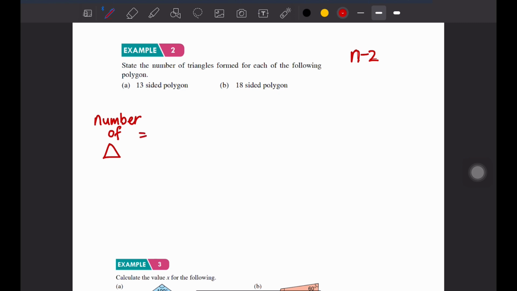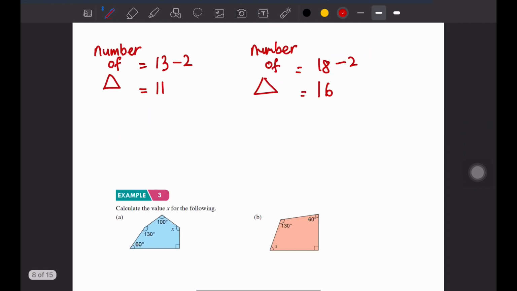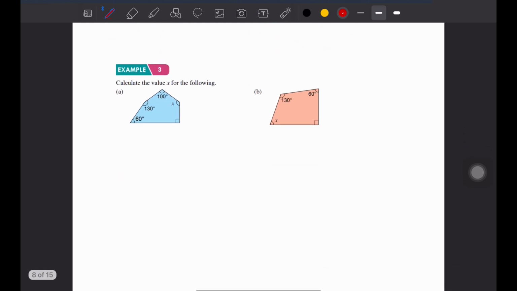Okay, we have 13 sides minus 2, so we know we have 11 triangles. Okay, and then for 18 sides, number of triangles, 18 minus 2, we have 16 triangles inside. Okay, next. So far so good, yeah? Example 2. Okay, example 3.